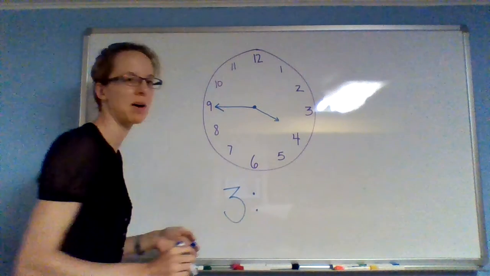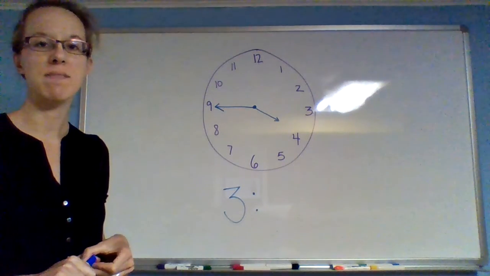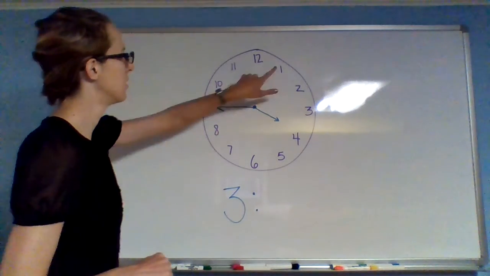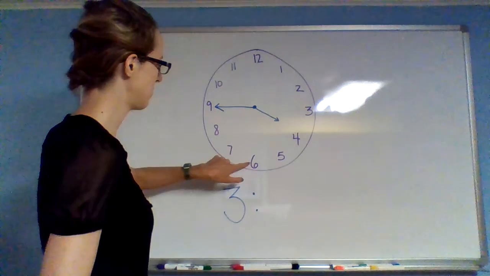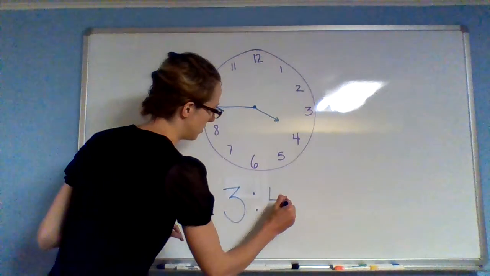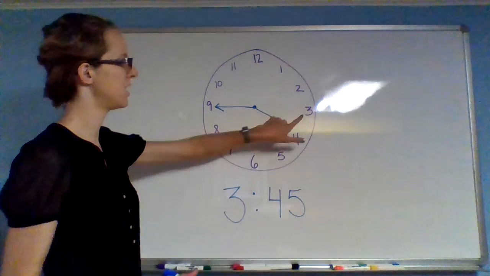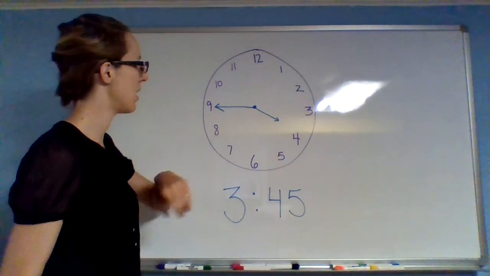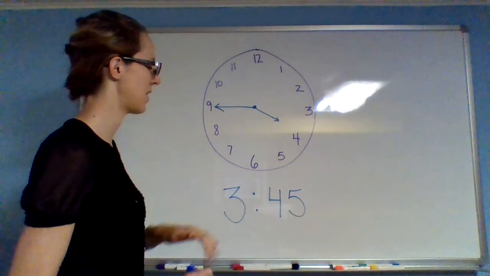And then we have to count the minutes. In order to count the minutes, we're going to skip count by fives going around the circle. 5, 10, 15, 20, 25, 30, 35, 40, 45. When the little hand is between the 3 and the 4, and the big hand is at the 9, the time is 3:45.